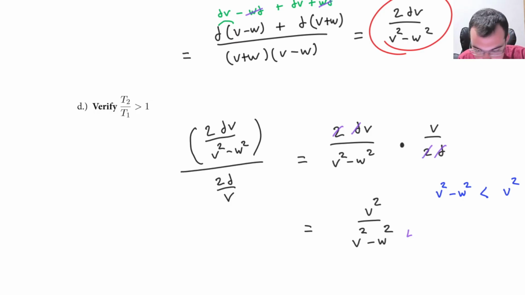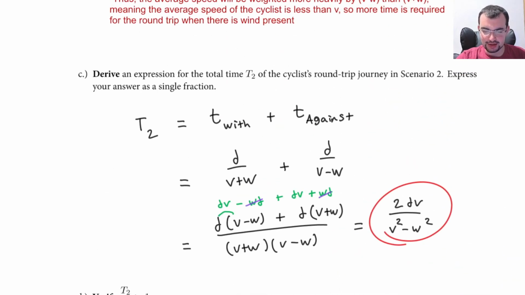I should just say this is less than v squared, meaning I'm dividing a number by a number less than that number. So this is going to be greater than 1, as expected.